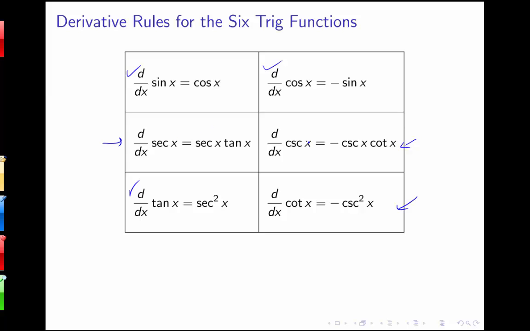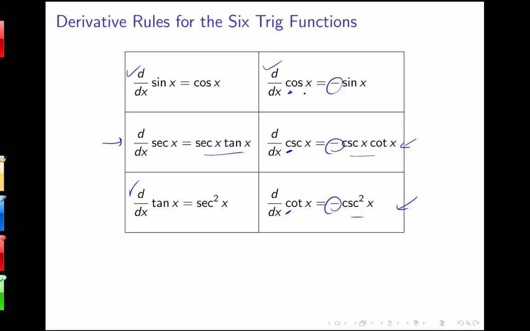Write secant, cosecant, and cotangent x in terms of sines and cosines, and use the quotient rule to show these 3 derivative rules. It's good practice with using the quotient rule, and it also may help you remember these different rules. I can also mention a couple other things that might help you remember these 6 rules. Notice that the derivatives of all the functions that start with a c, the cofunctions cosine, cosecant, and cotangent, are all negative.